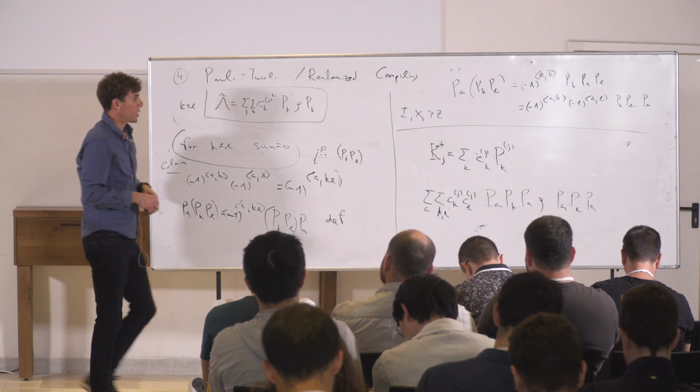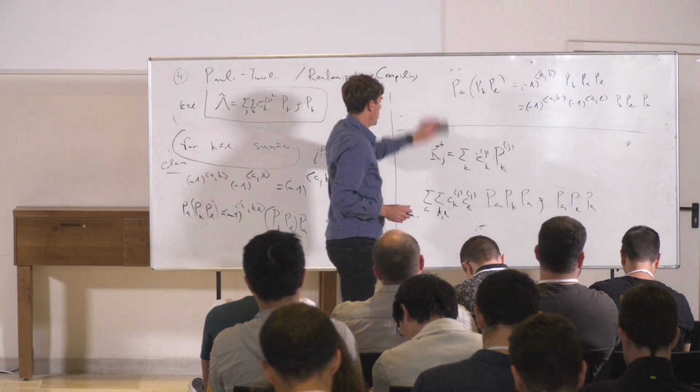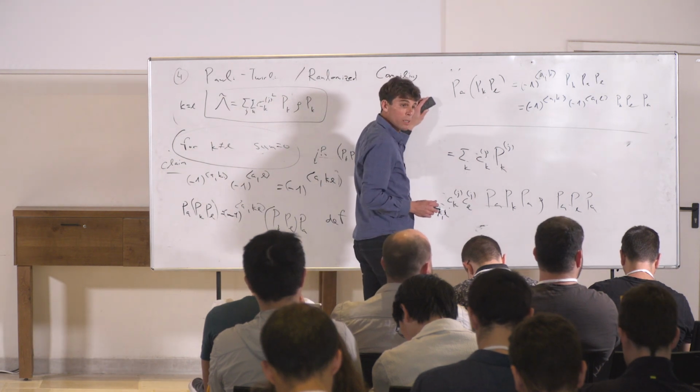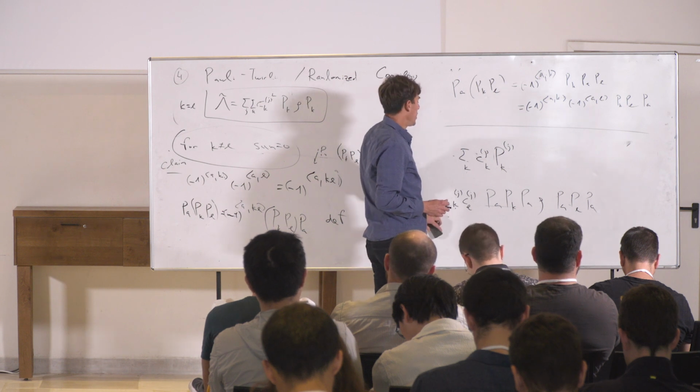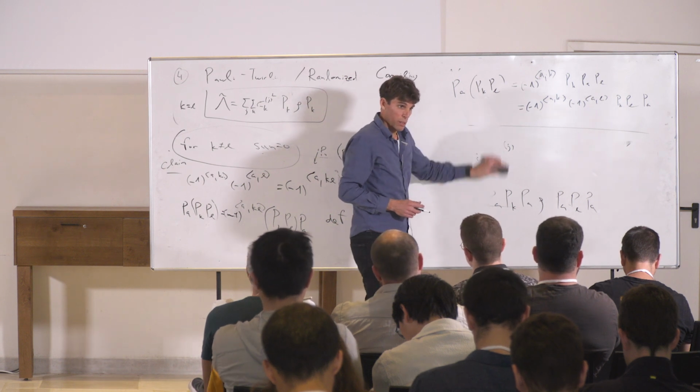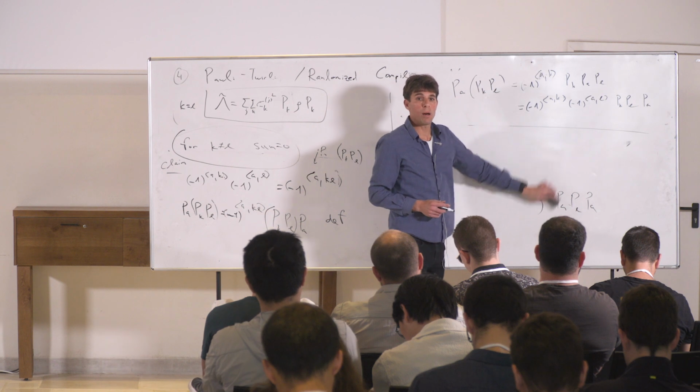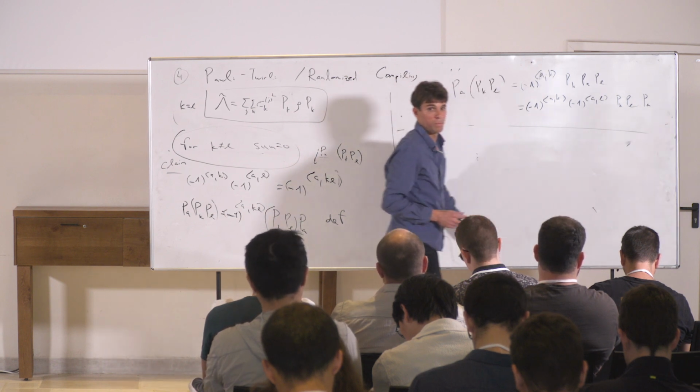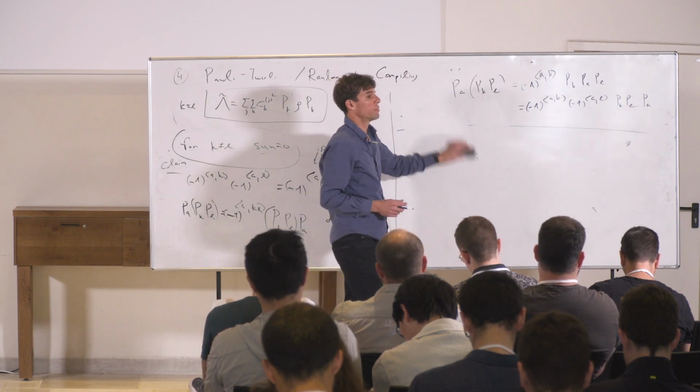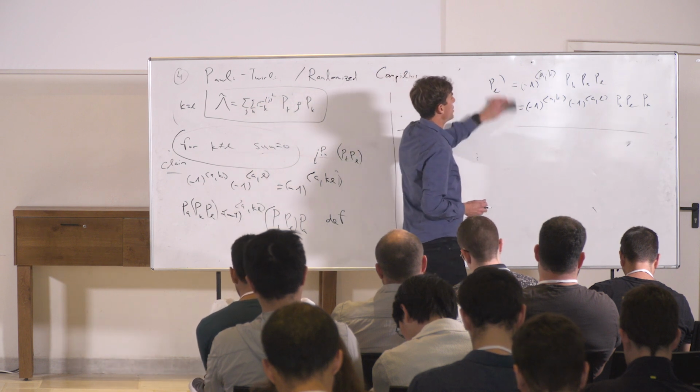So if I actually want to apply now a CNOT, any noise channel after I twirl it is going to be a Pauli channel. It's a very strong statement, and this is why it's a very useful method.